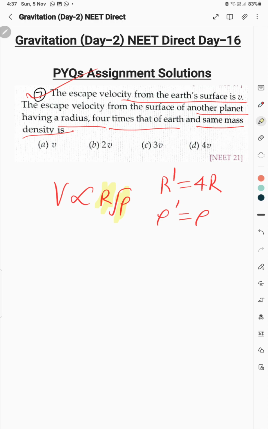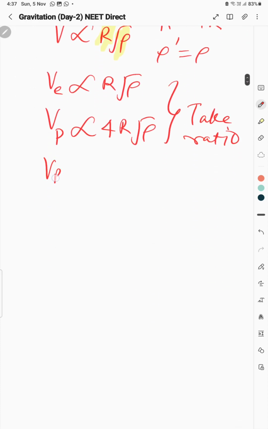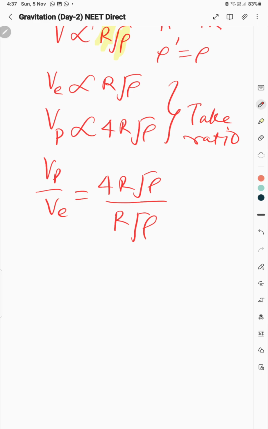Now over here, escape velocity of Earth is proportional to r into square root of rho. For the other planet, the radius has become 4r, but density is the same. Now take a ratio. All right, so planet and Earth escape velocity 4r square root rho by r square root rho.